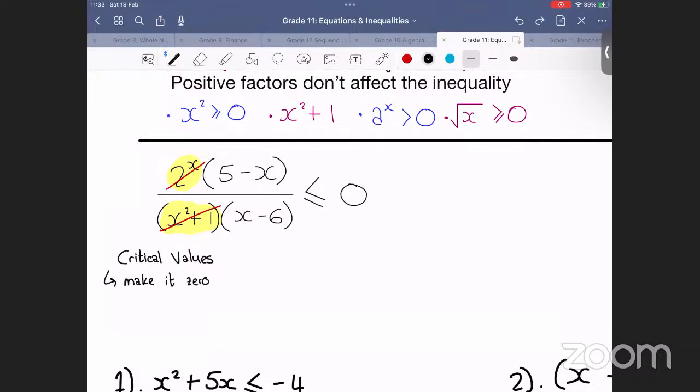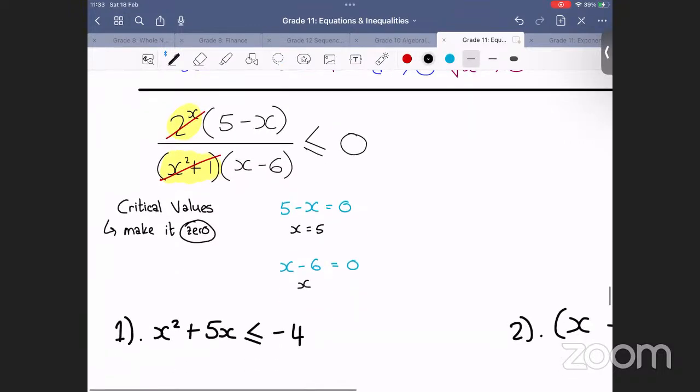So if you have factors, you might need to factorize, or if you already have the factors, you equate each factor to 0. So I take 5 minus x and equate it to 0, and I take x minus 6 and equate it to 0. Factor on top, factor at the bottom. So now in this case, I have x is equal to 5 or x is equal to 6.